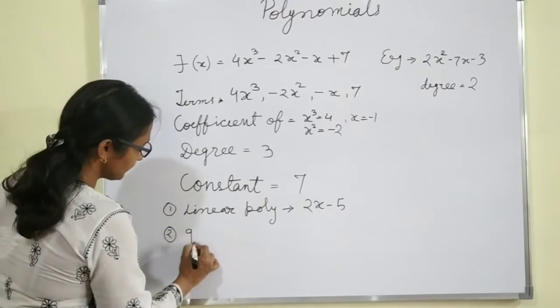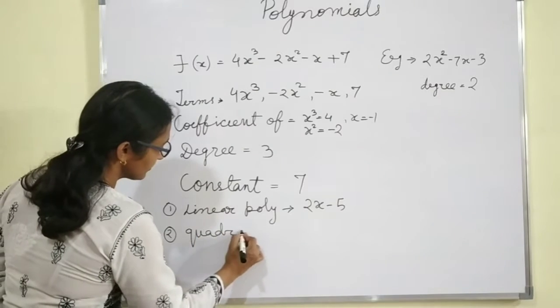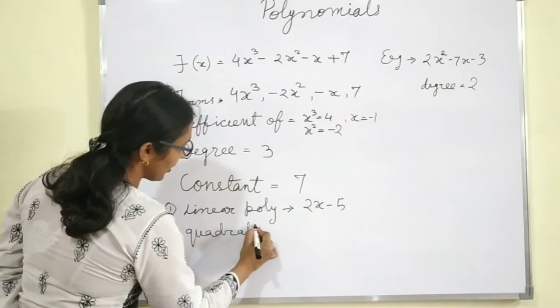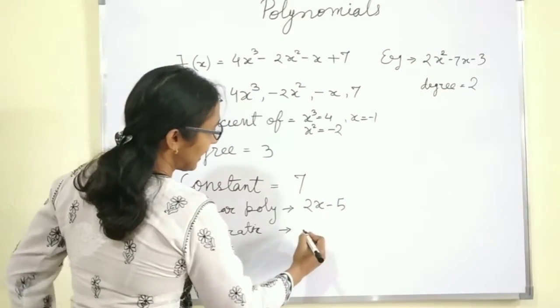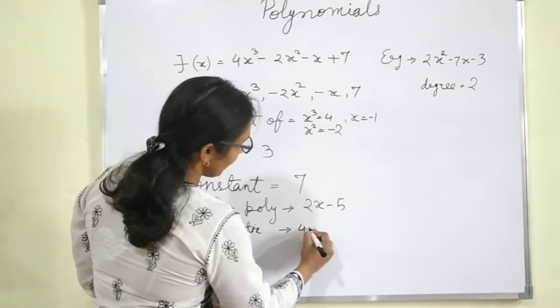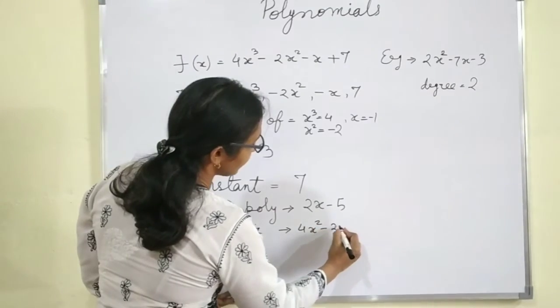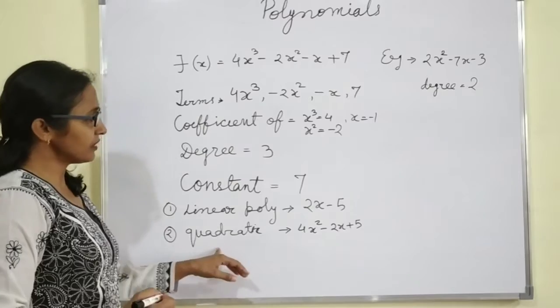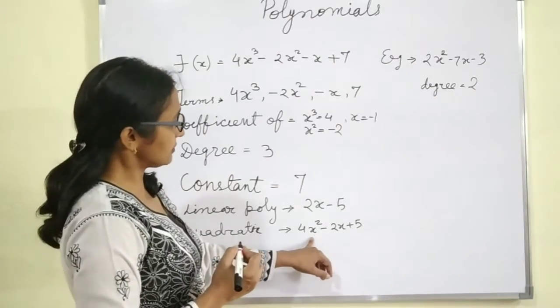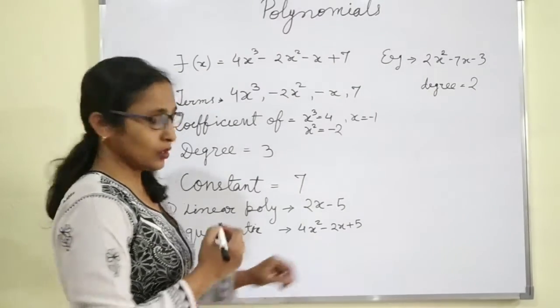Second is quadratic polynomial. In a quadratic polynomial, the highest degree is 2. For example, 4x square minus 2x plus 5. So in a quadratic polynomial, the highest degree of the polynomial is 2.